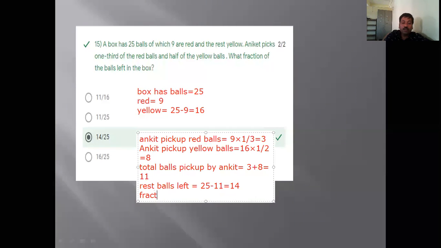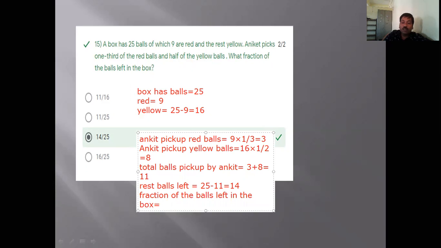Now the fraction of the balls left in the box: 14 by 25. The rest left is 14, and 14 by 25 will be the fraction. The answer will be 14 by 25.